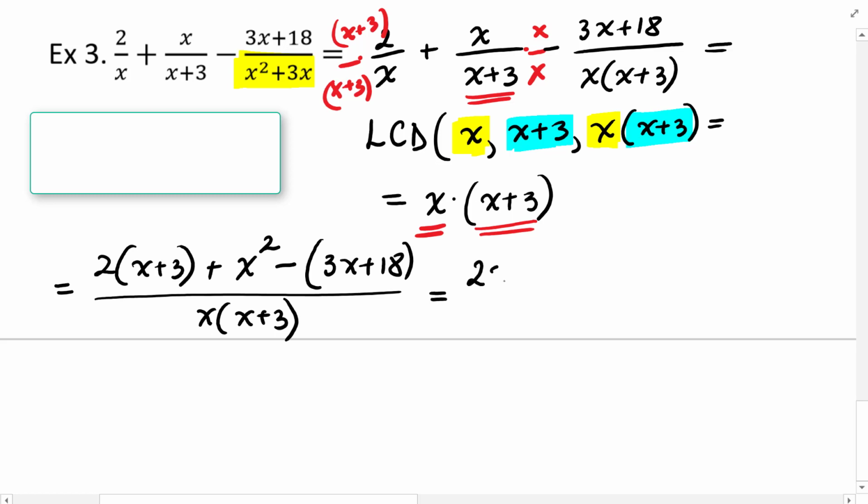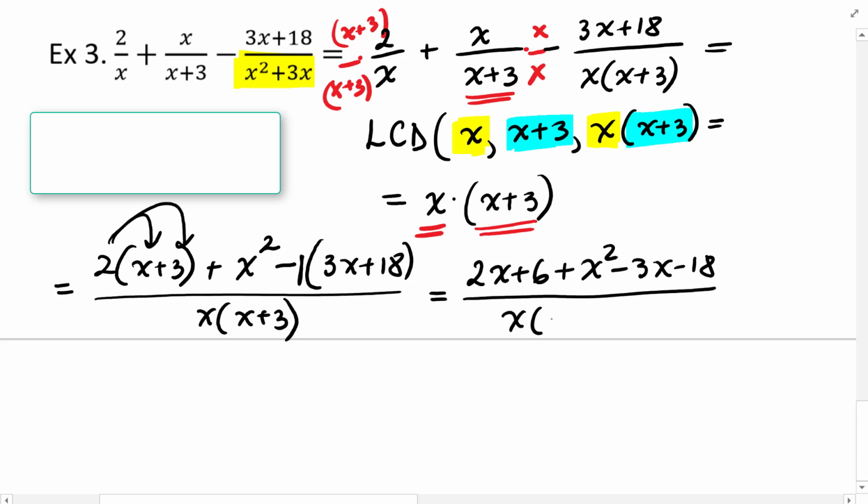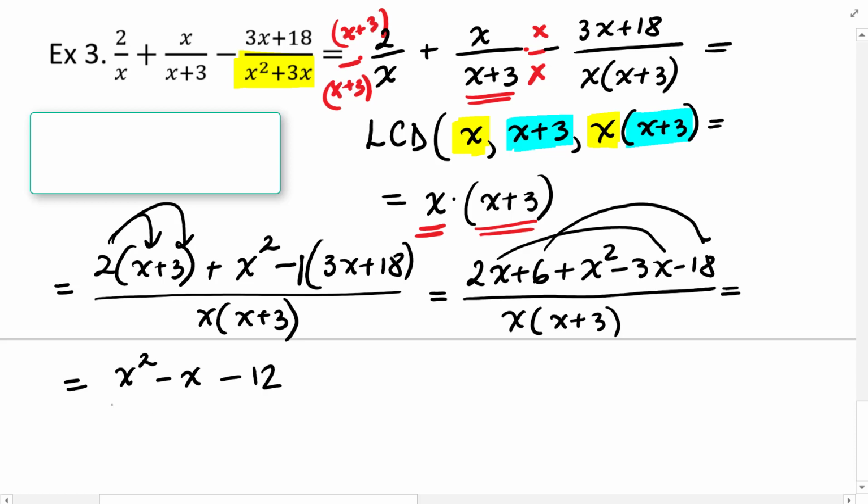So we get 2x plus 6, because 2 times x, 2 times 3, plus x squared, and then negative 1 in front of the parentheses is negative 3x minus 18, everything over x times x plus 3. So this equals x squared, which is by itself, it doesn't have a like term. 2x minus 3x is negative x, and 6 minus 18 is negative 12, everything over x times x plus 3.